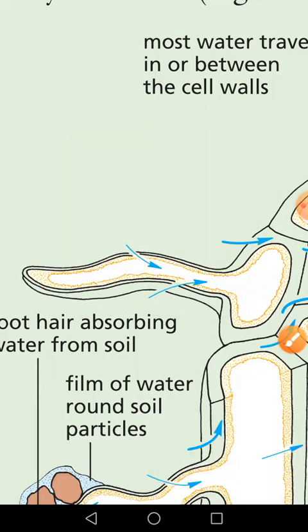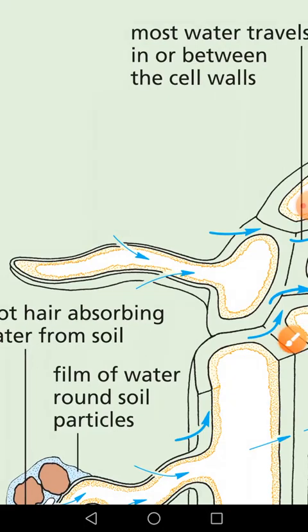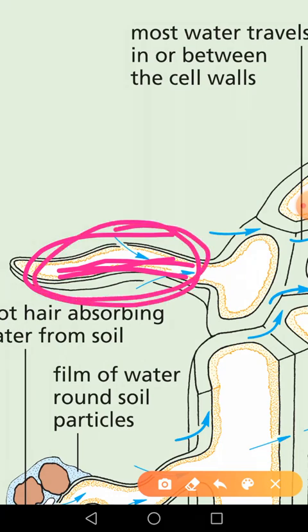So the concentration of ions inside the root hair cell goes very high. Since the ions make up the salt, the concentration of salt inside the root hair cell goes very high.